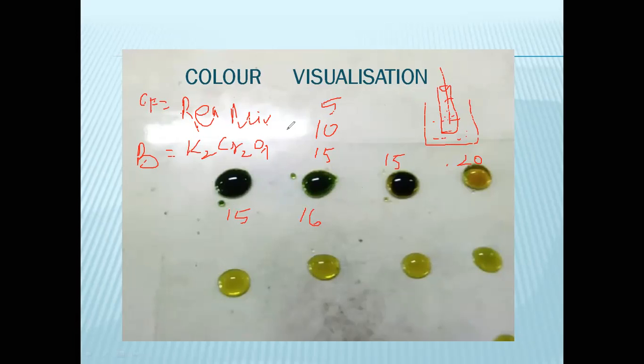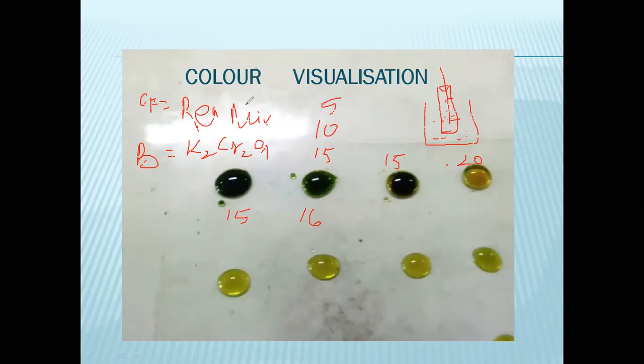Then again you check it. With the help of the glass rod, take a drop of reaction mixture and put it on the indicator. Again you will get, let us say, blue color. That means still ferrous is present, right? So complete oxidation has not taken place.